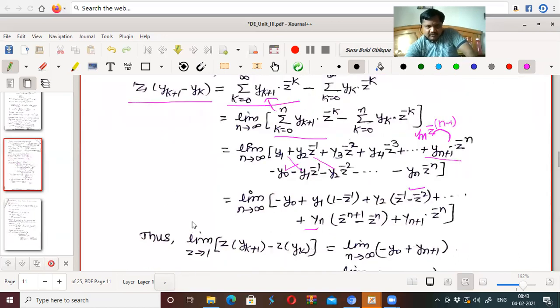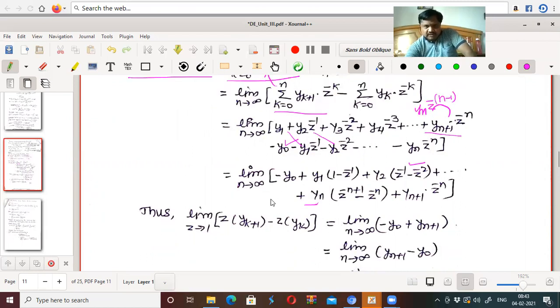Therefore, now we take limit as z tends to 1 of both sides. So limit as z tends to 1 of z of yk plus 1 minus z of yk equal to limit as z tends to 1 of limit as n tends to infinity of this term, taking limit as z tends to 1 on both sides.